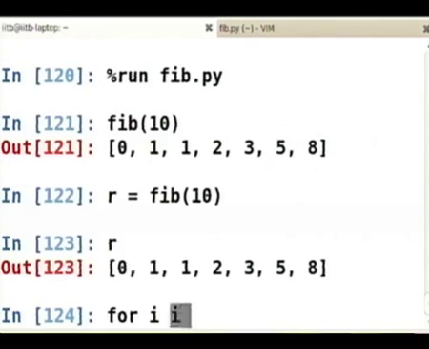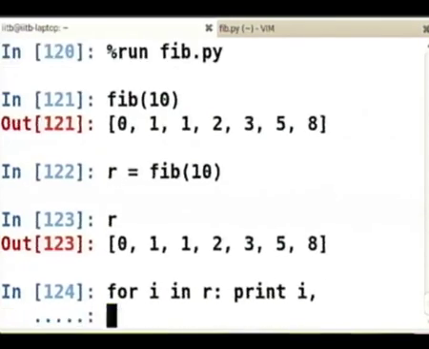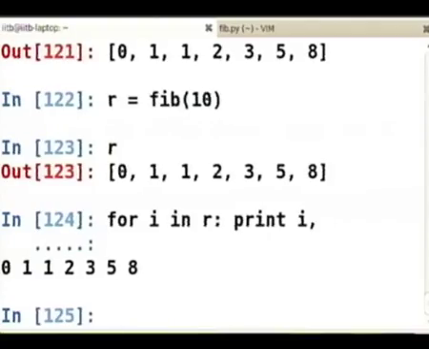So I can say for i in R print i comma, and it will give me the output. But now the control is with me. I can decide whether I should print it or whether I want to use it for further processing or anything I want. So this is a good strategy when you are trying to write code. It is a good idea to return quantities rather than blindly print certain quantities.